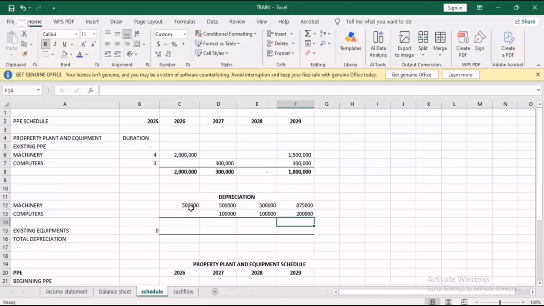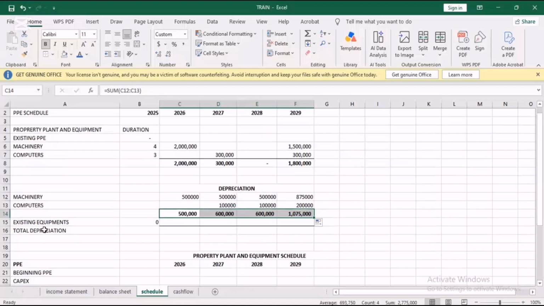So now let's have our depreciation summed up. So as you can see, for machinery, these are the depreciation across the 4 years. So now let's add everything up from right here. Scroll down, then hit our summation sign, and let's just roll through. So that's that.